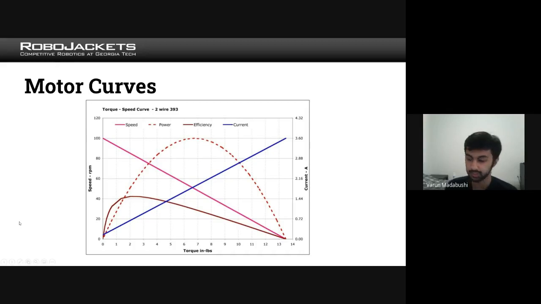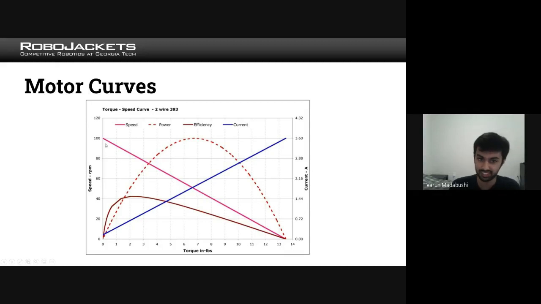When you're using a motor, the first thing you have to look at is the motor curve. The motor curve is given for a particular voltage, which is usually the rated voltage. So this is a VEX motor, if you're familiar with VEX, and the rated voltage is like 7.4 volts or something. This is what that relation looks like for 7.4 volts.